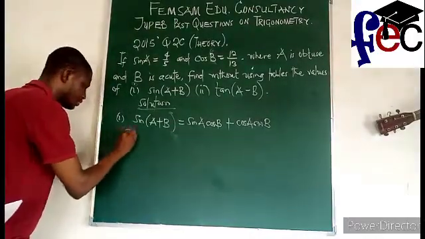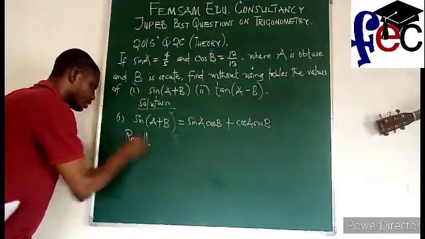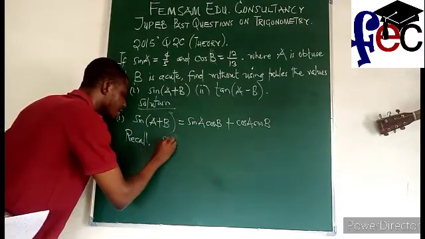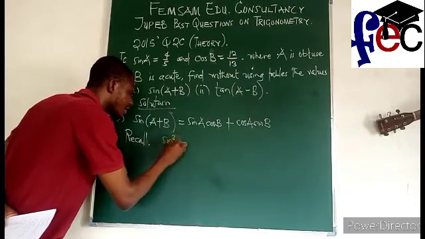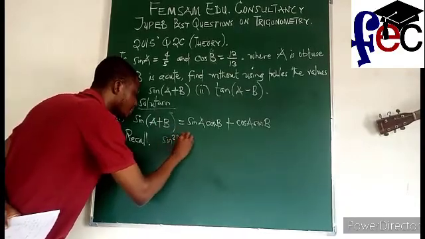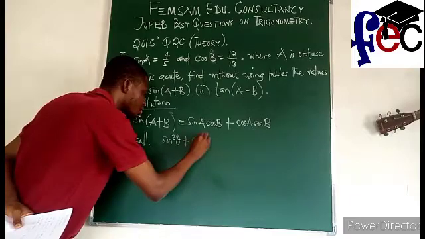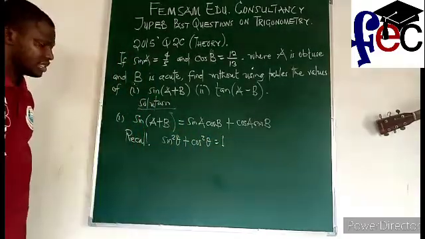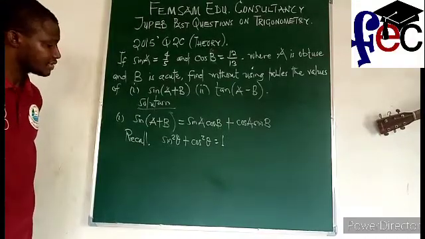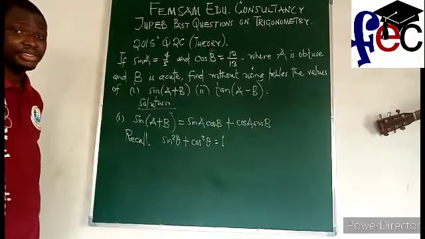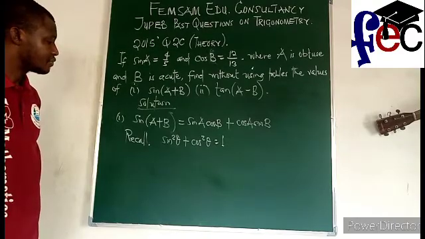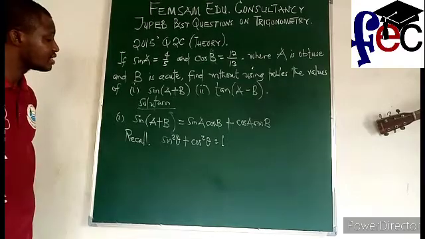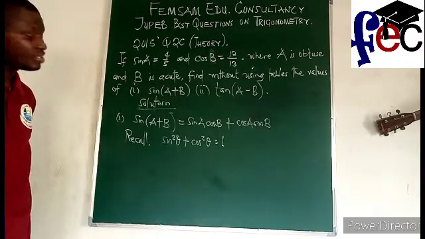Recall that sine square theta plus cos square theta is equal to 1. That theta there is arbitrary. It can be any value. Because it's an identity, there is no value you put there that will not satisfy the equation.